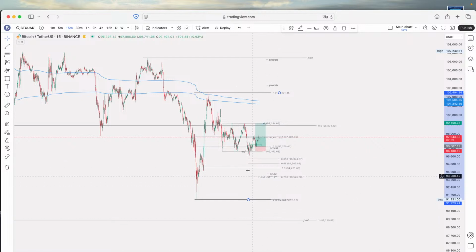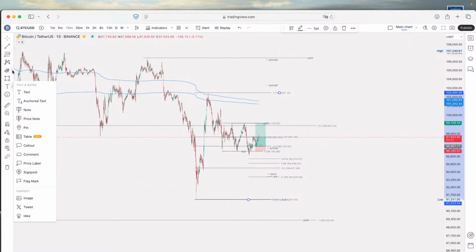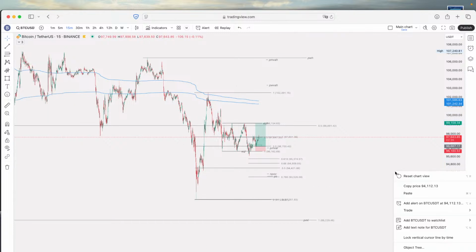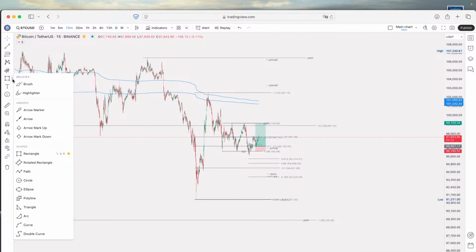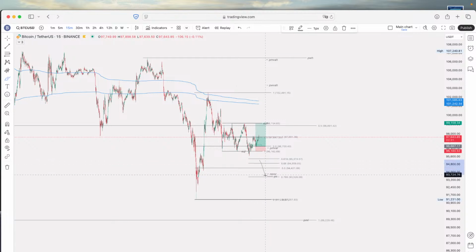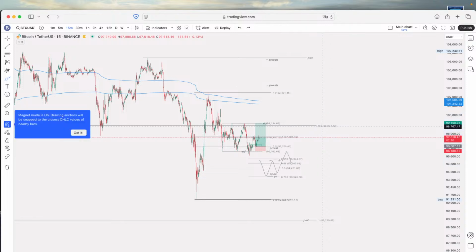I will be waiting for the price to form clear indications that this level will be tested and will hold as support, and then I will be looking for the same market structure shift so I can long it to the upside.